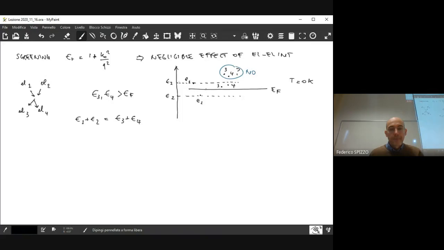At this point, at the beginning I told you I assume that E1 is an excited electron with an energy E1 larger than EF.